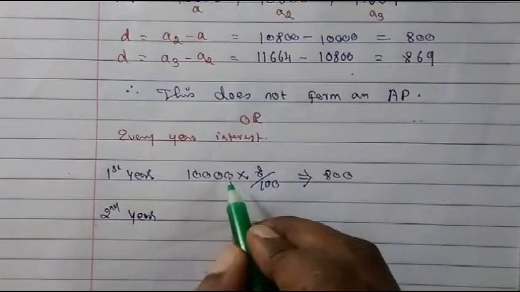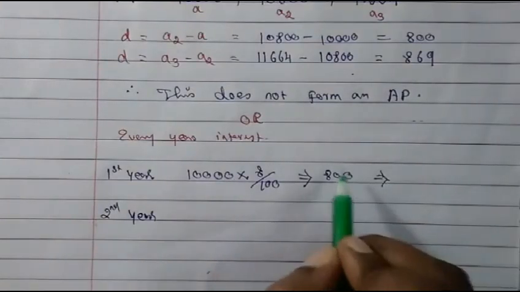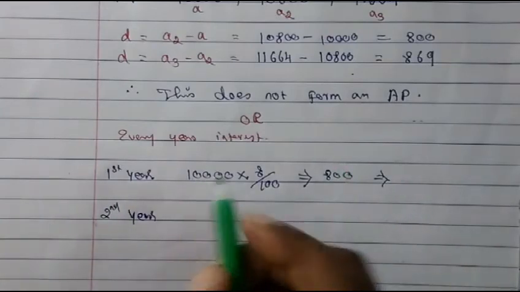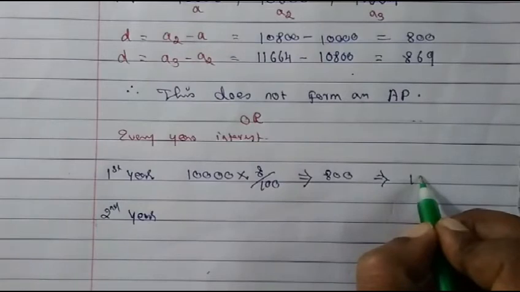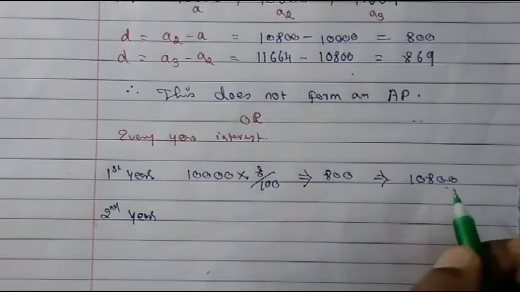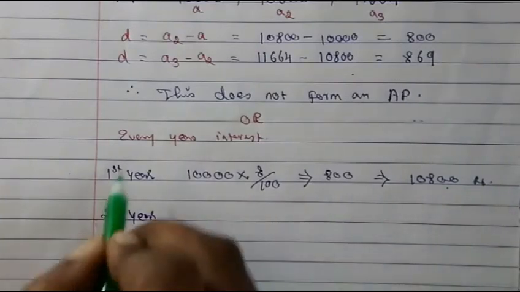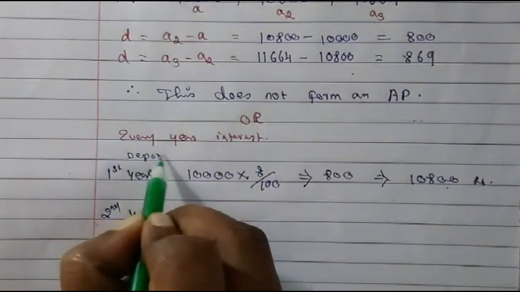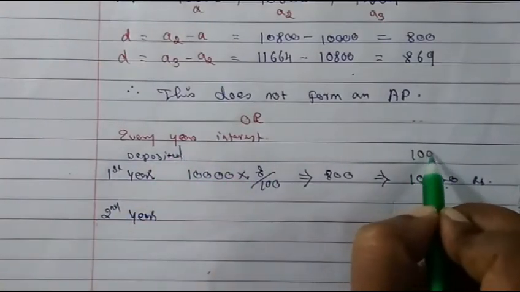Then for the second year, how much interest will you have? Now you have to count the principal amount with this money. The total amount we had was 10,000, plus the interest, so you will have 10,800 rupees after the first year. When it was deposited, that was 10,000 rupees.